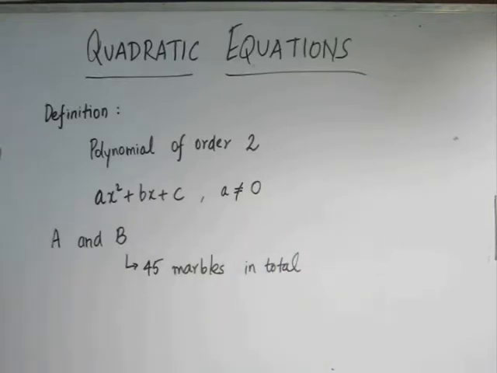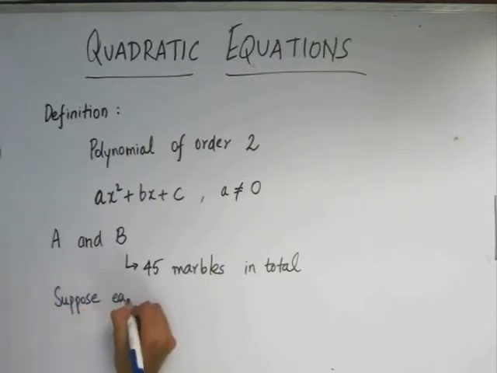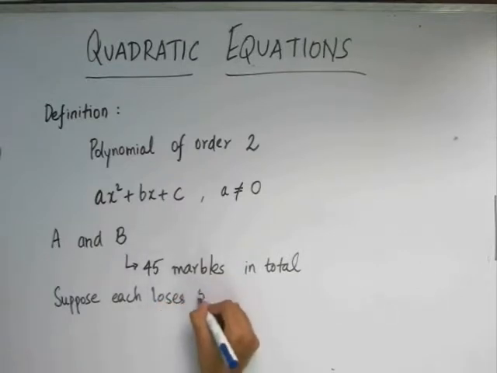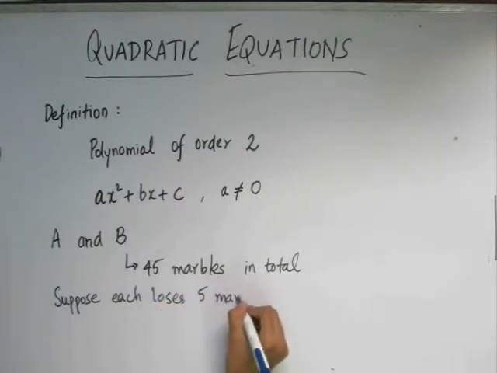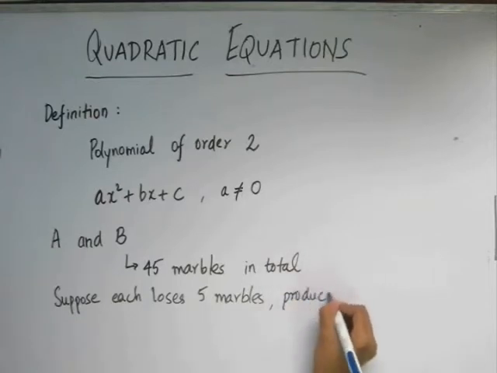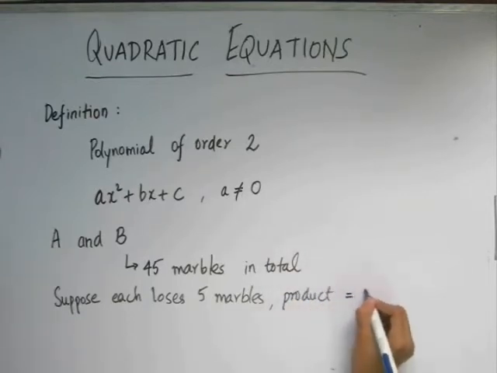Now suppose each of them loses 5 marbles, then the product of the number of marbles that A and B have becomes 124.